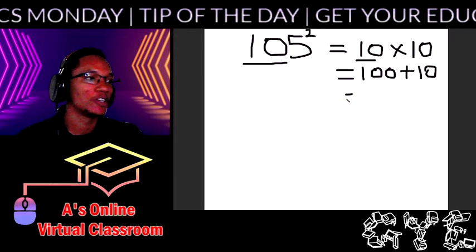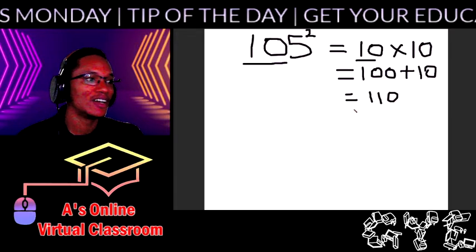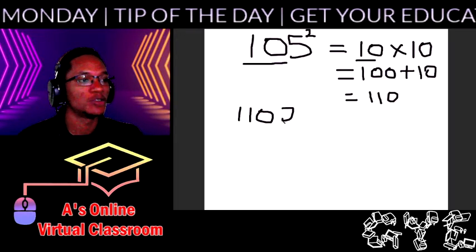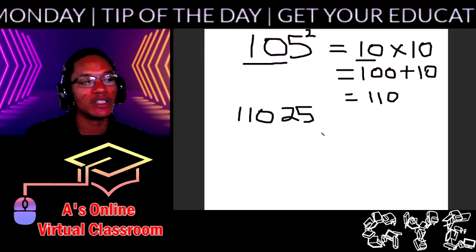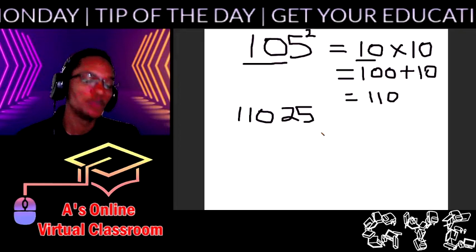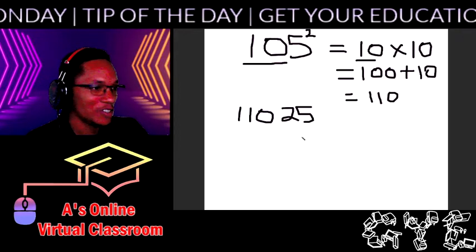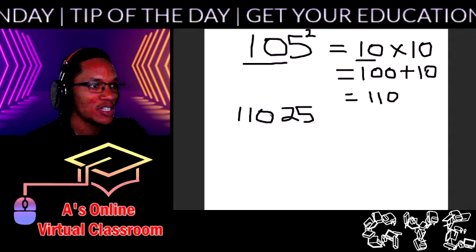So you get 110. And then you take this 110 and you add 25 to the end. So 105 squared is 11,025. Check it on the calculators, make sure I'm not carrying you down the wrong road.